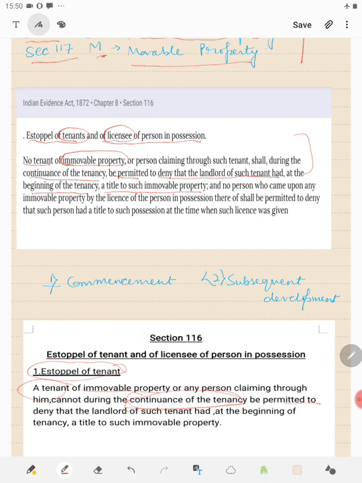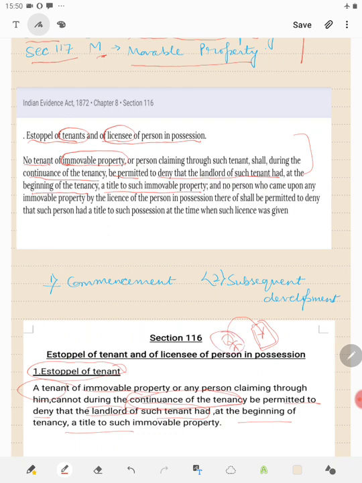Then he cannot be permitted to deny that the landlord didn't have a title when the tenancy began. So if I am living in a rented apartment, and I have taken it from a landlord, then during the continuance of tenancy, I cannot say no, no, right from the beginning, you had no title.